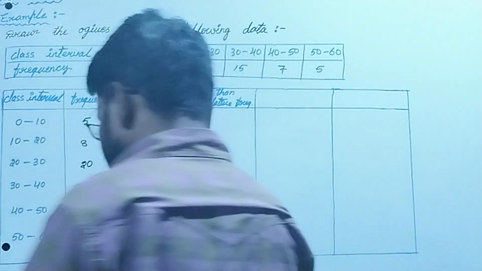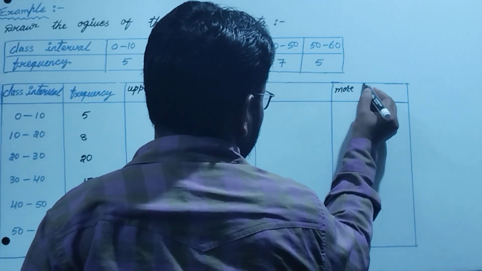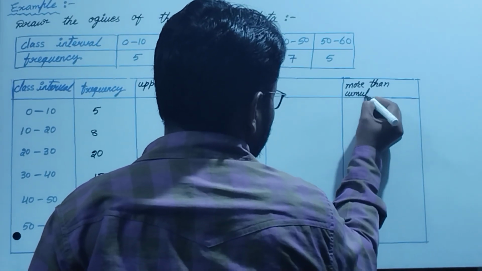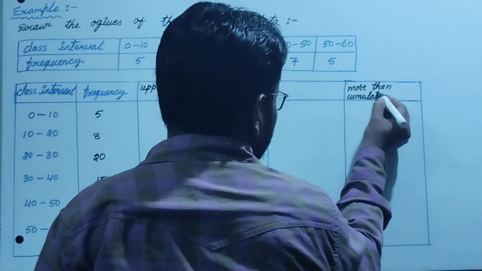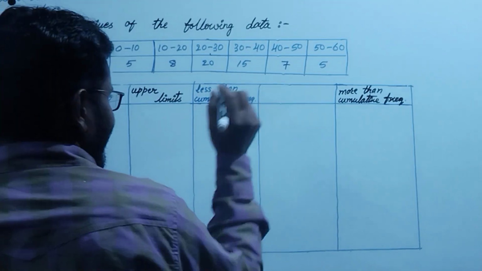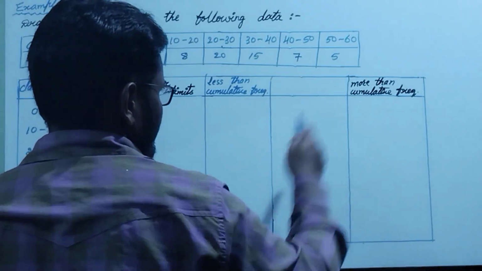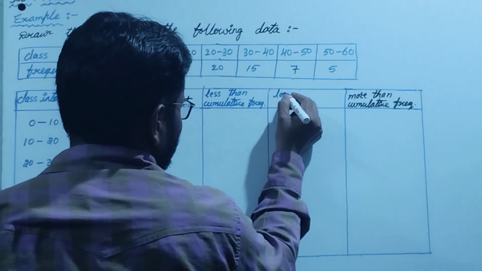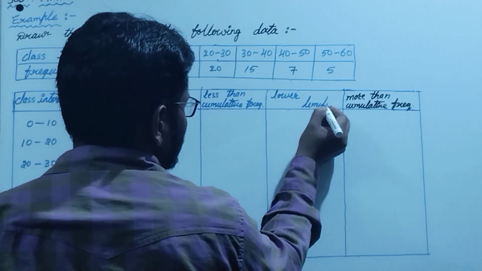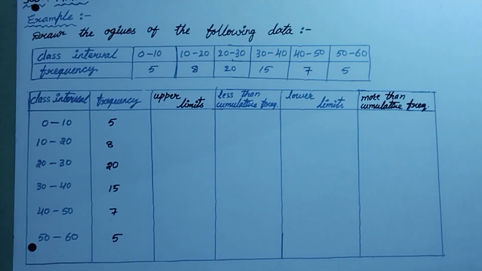So in the more than cumulative frequency distribution, I want lower limits.